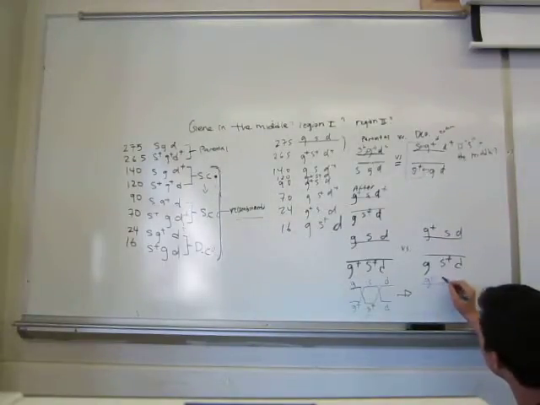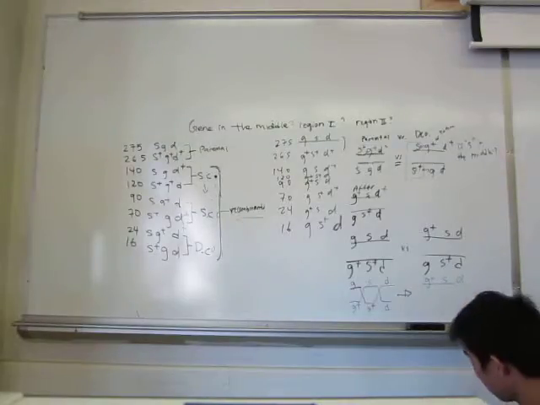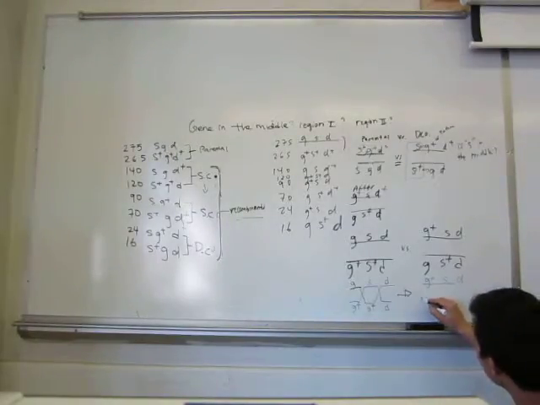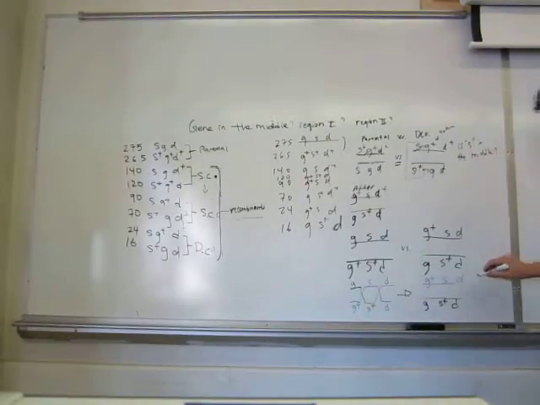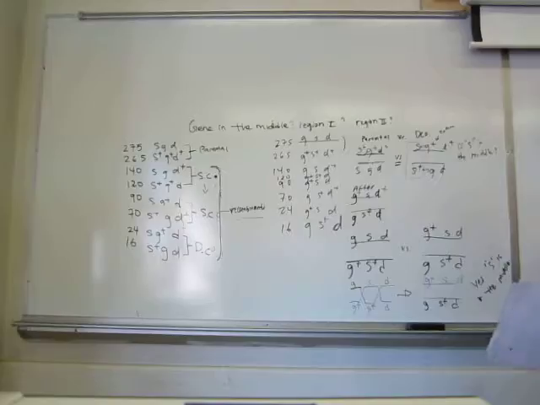This would be G plus, this would be S, this would be D. And then G here, S plus here, and D. And then I write, yes, S is in the middle. So that's how I would go about solving which gene is in the middle. So now I know S is in the middle.